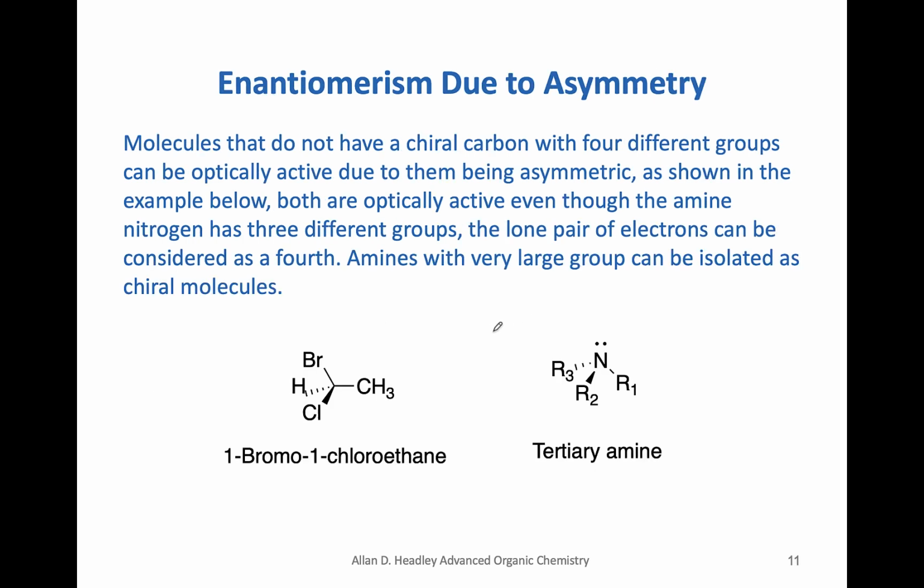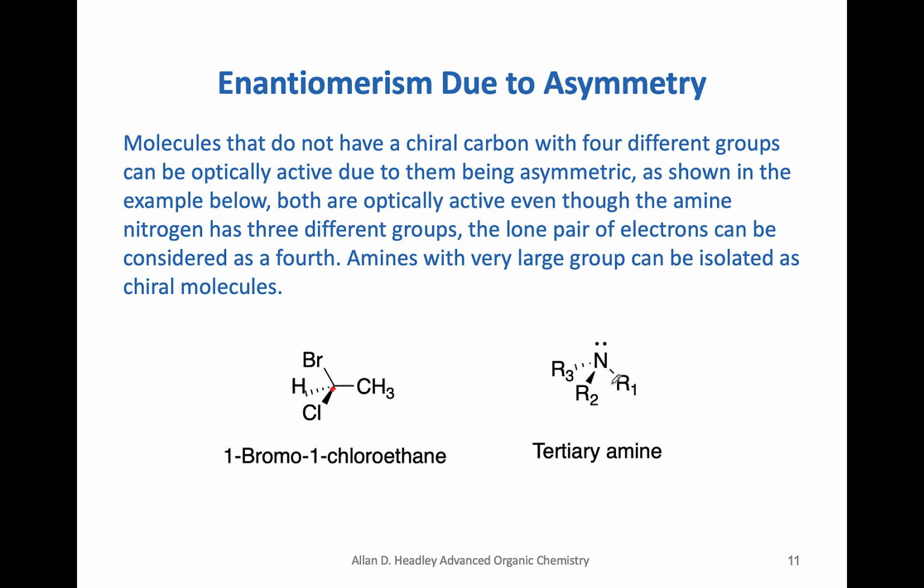Okay, let's look at enantiomerism due to asymmetry. As we said, if there are 4 groups bonded to a carbon, it's chiral, and it's asymmetric because no matter how you draw your planes through that molecule, they will not reflect on the other half. 4 different groups.